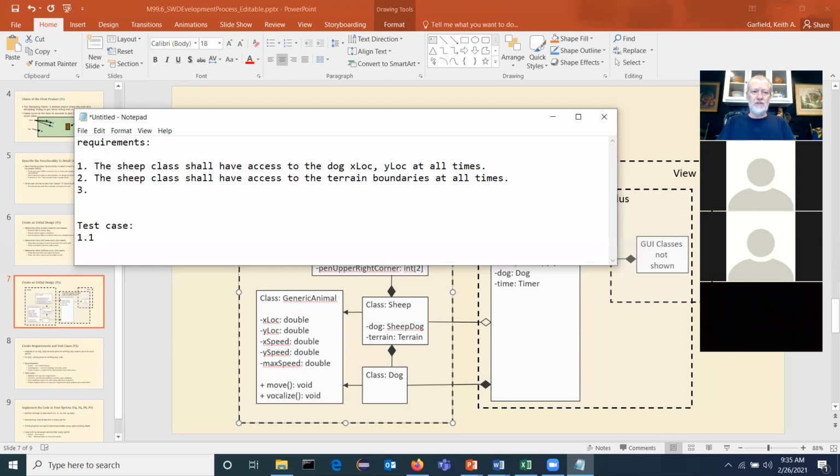Yes, what would that print statement print? You'd have to get the dog's location inside of the sheep object. Right? What's your input?